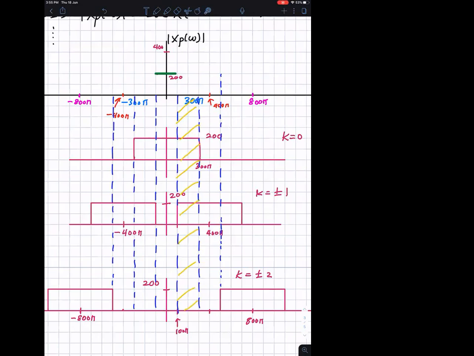Okay, then you see in this zone, 0 amplitude plus 200 and then plus 200 is going to give you 400, correct?